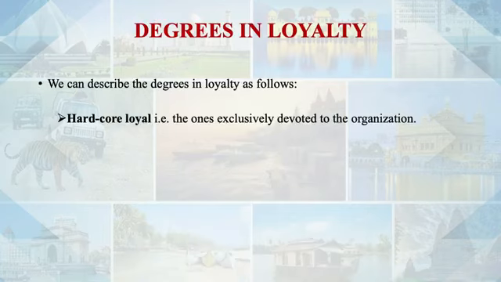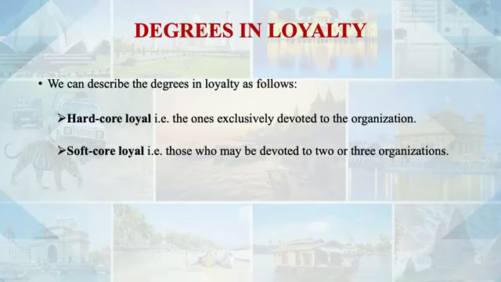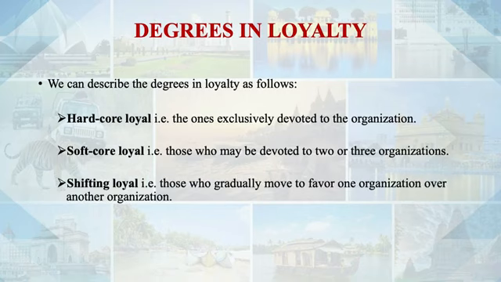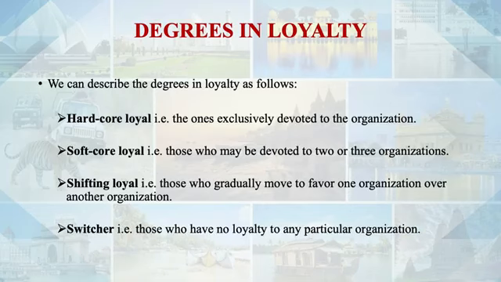Hardcore loyals are the ones exclusively devoted to a particular organization. The softcore loyals are those who may be devoted to two or more organizations. Shifting loyals are those who gradually move to favor one organization over another. Then we have the switchers, those who have no loyalty to any particular organization.